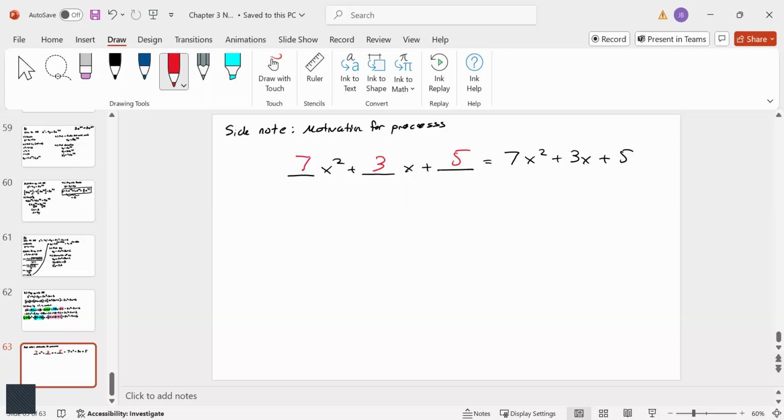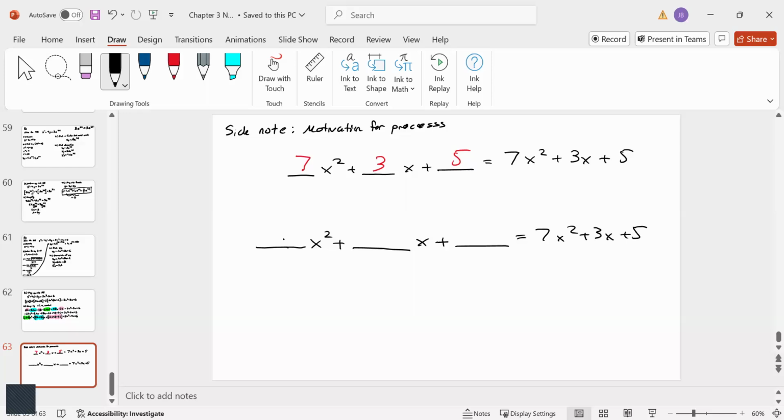Now I am doing the same thing, but instead of it being one number or one unknown variable, I am just making it a little bit more complicated. This is what I'm doing now. I'm saying, okay, same idea.